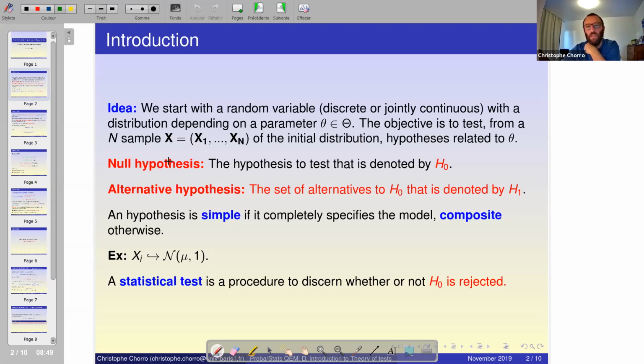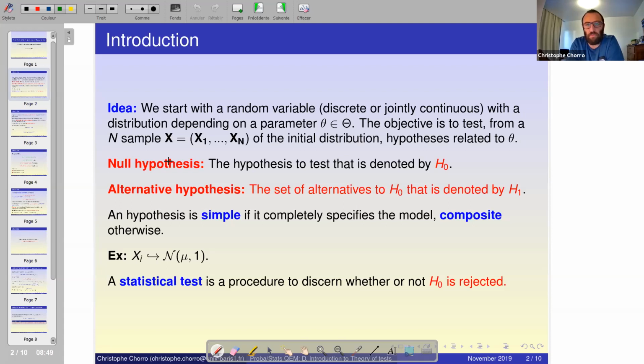In the case where theta is a mean, the sample mean often arises. If theta is a variance, the sample variance or the corrected sample variance arises naturally.